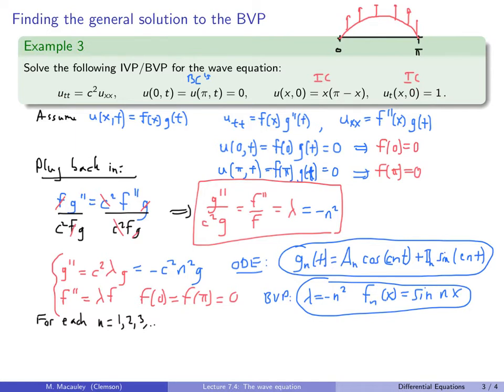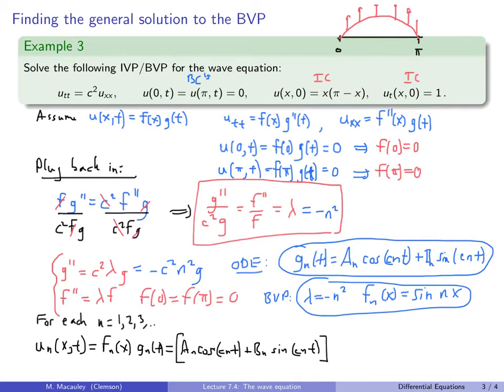For these n, we have a solution of the form u_n of x and t, which is f_n of x times g_n of t, which is a_n cosine of cnt plus b_n sine of cnt, times, so that part's just the g, now let's multiply by sine of nx.